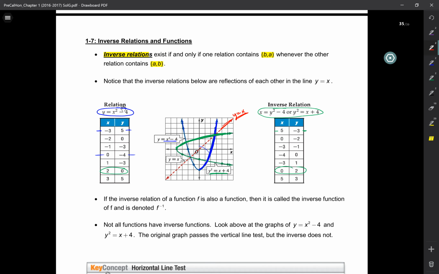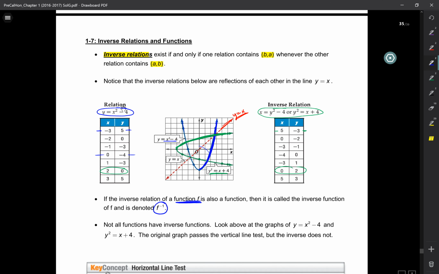Now, when do we call it an inverse function and when do we call it an inverse relation? Suppose you have a function f, and suppose you were to find its inverse. If the inverse is also a function, then it's called the inverse function, and the symbol for that is f inverse.